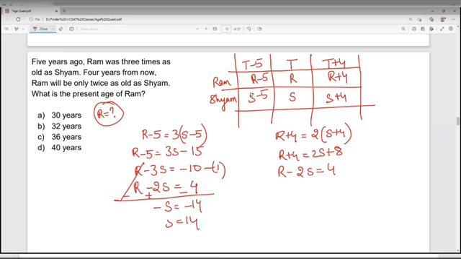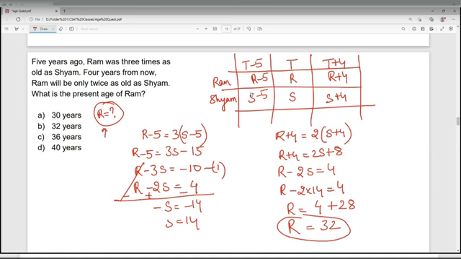So R minus 2 into 14 is equal to 4. R is equal to 4 plus 14 twos, which are 28, that is 32. So R is 32. The answer is option B. If you have any doubts in this problem, please ask the question.